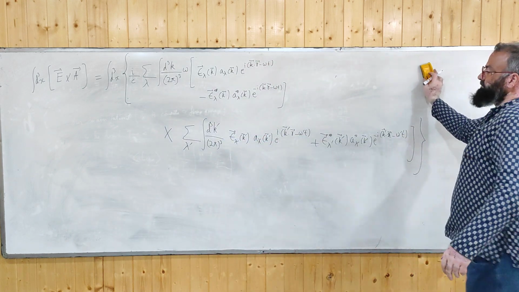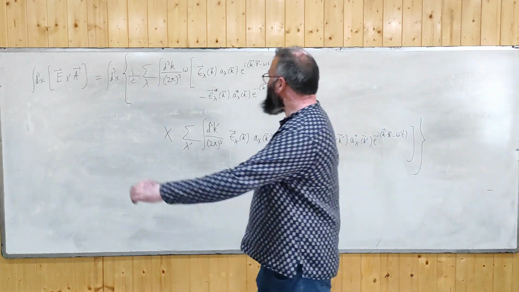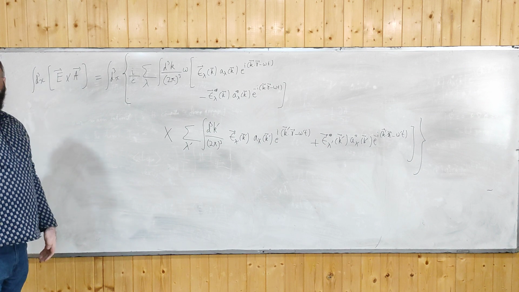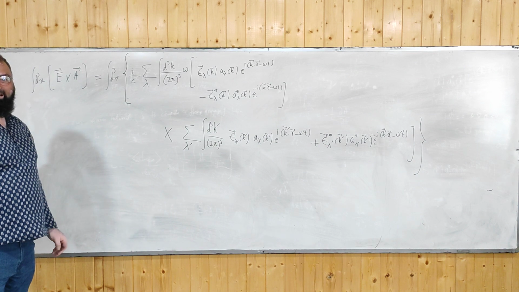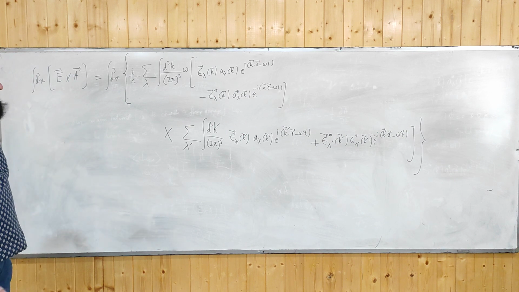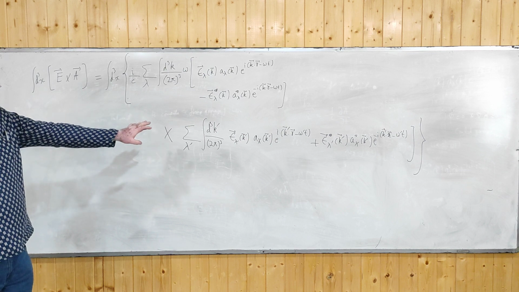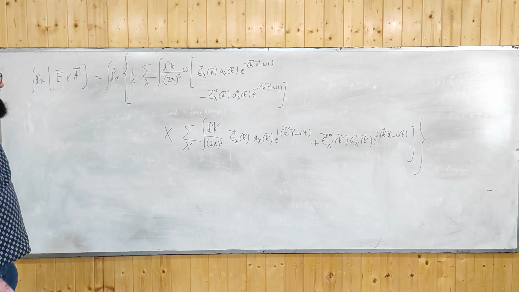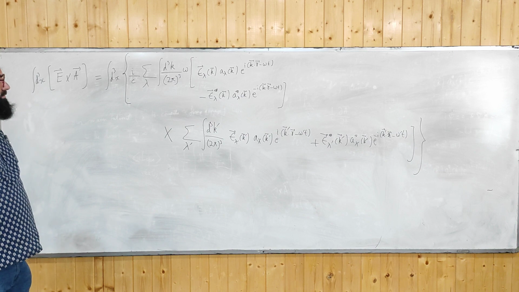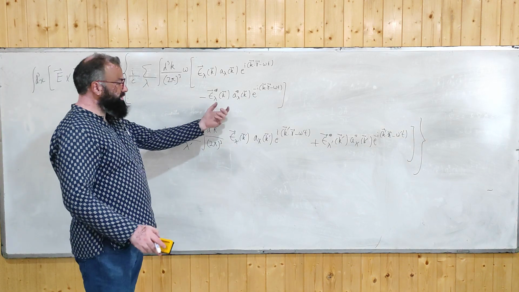Let's calculate the cross product. Shall I skip many steps? Okay, so let's write the cross product. Have you written it? Quickly write it. So have you written this step?